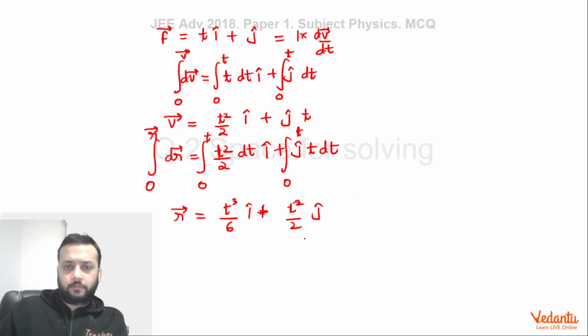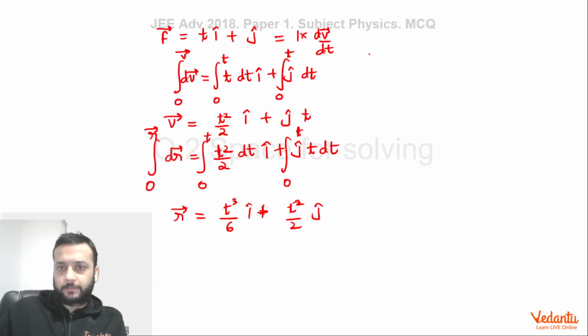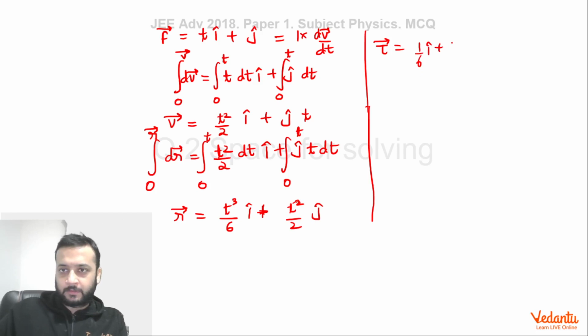Now we can check the options. First, let's compute the torque. Torque is r cross F. At t equals 1, the value of r is 1 by 6 i cap plus 1 by 2 j cap, cross product with force. Force at t equals 1 is i cap plus j cap.